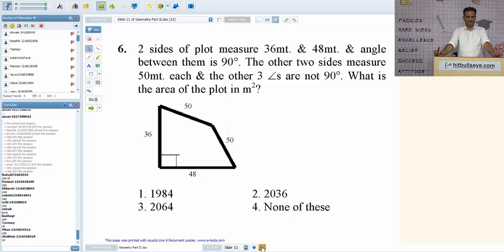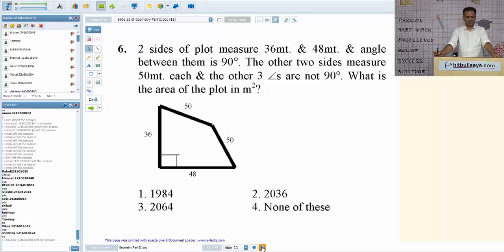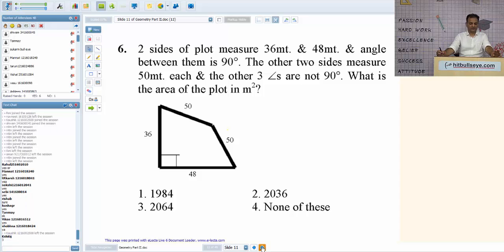Data is changed. Two sides of a plot measure 36 meter and 48 meter. In CAT, the questions are not so tough in geometry. Some logic is there. Basic theorems you should know, how we can apply. Two sides of the plot measure 36, 48, and the angle between them is 90 degrees. Kshitij has come with the third option, 2064.